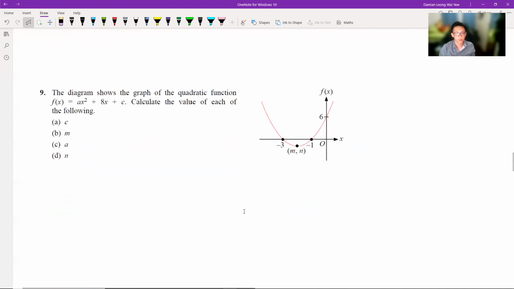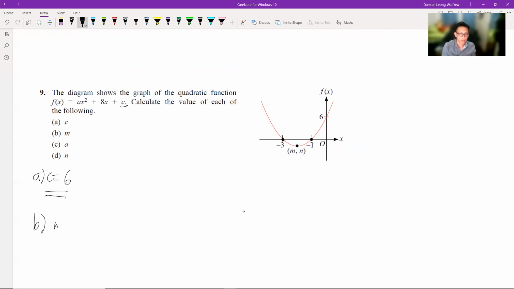Now, question 9. It has quite a bit of similarities. See here, y-intercept. From the diagram, y-intercept is 6. So c is 6. Part B, m. m here is the axis of symmetry, so I have the roots right in between.